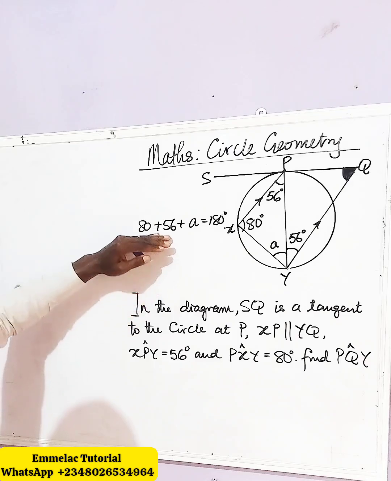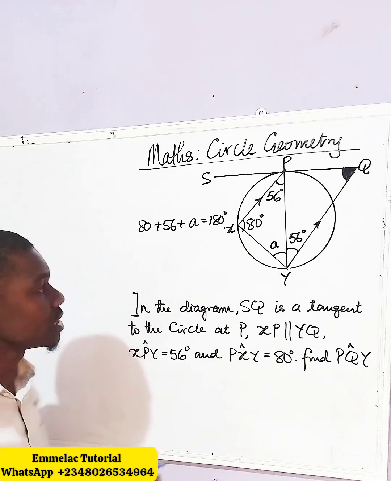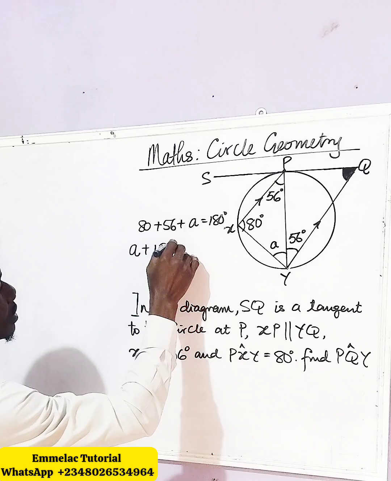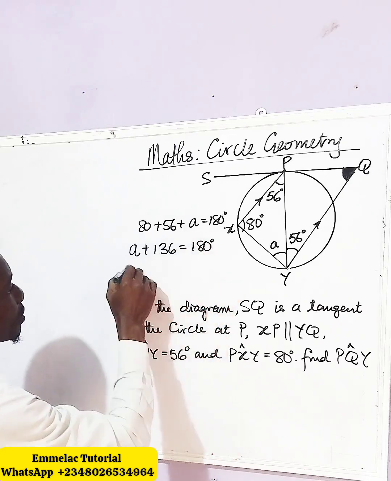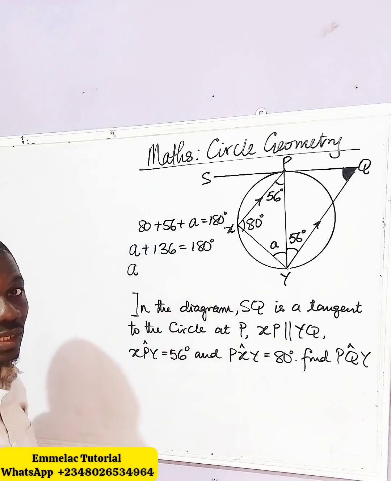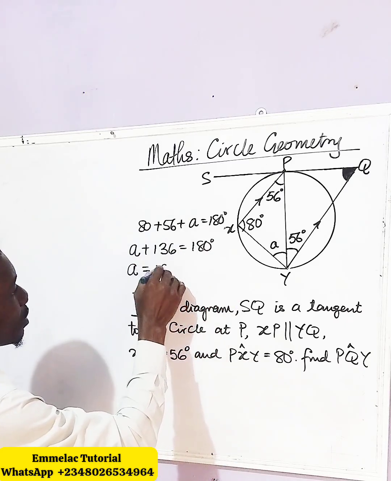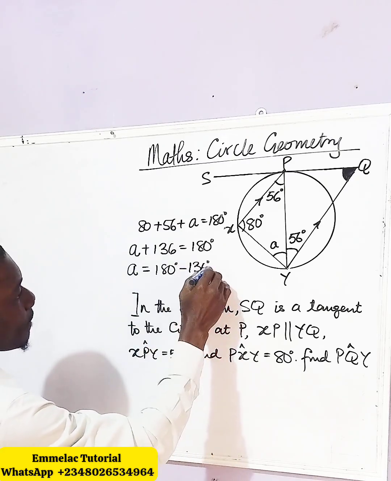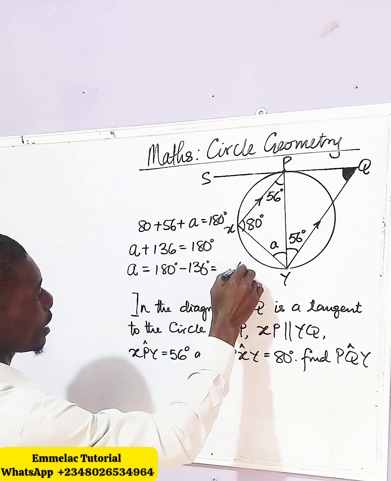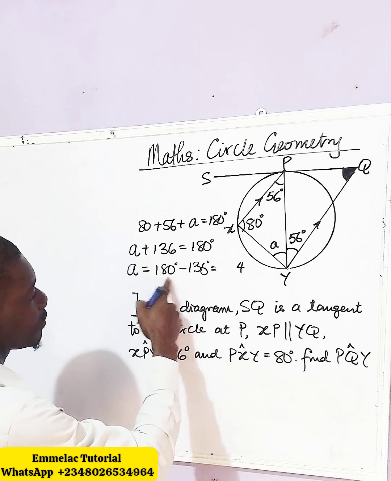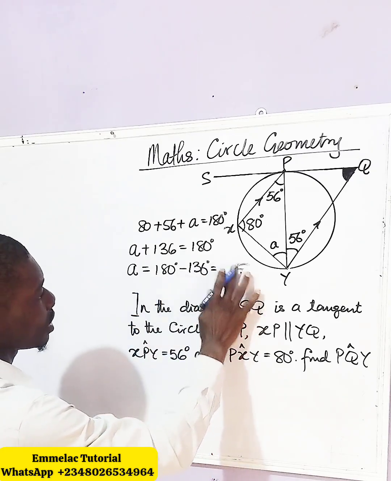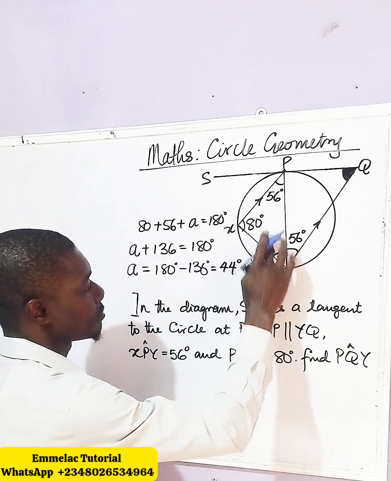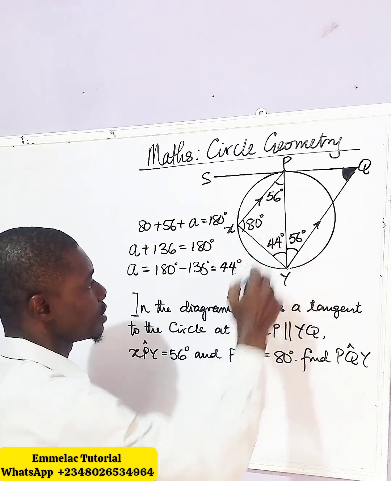When we sum this together, this should give us 136. So A plus 136 equals 180. Subtracting 136 from both sides, that's 180 minus 136, which gives us 44 degrees. So this part here is 44 degrees.